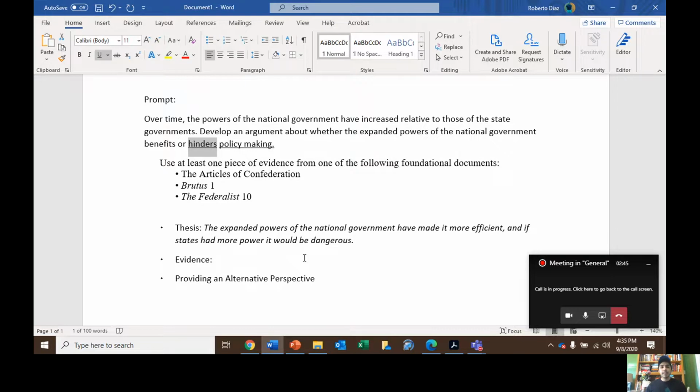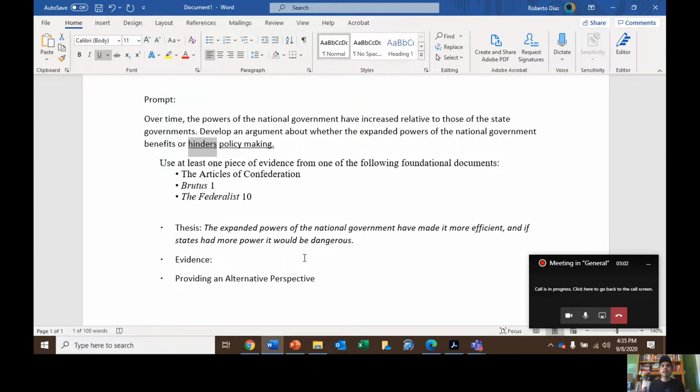So this prompt itself is about a trend in federalism that we recognized when we did the defund or fund the police essays. But this idea that the federal government has been playing an increasing role.